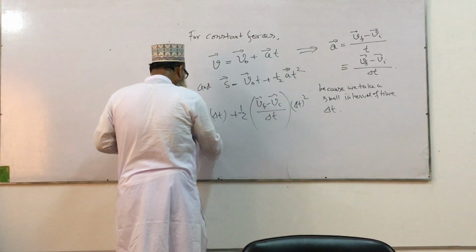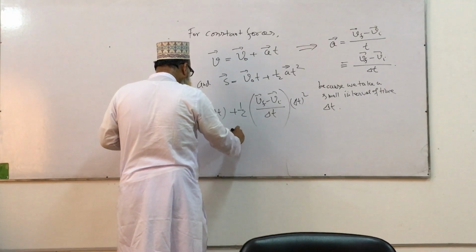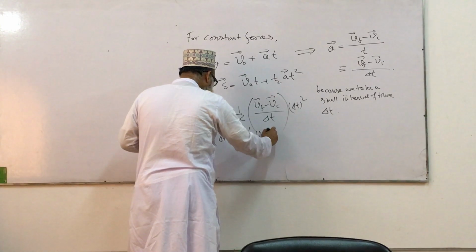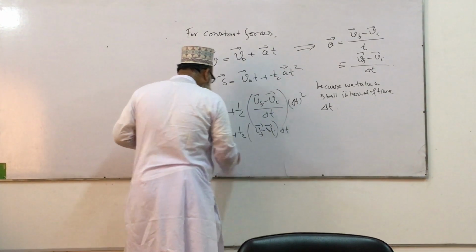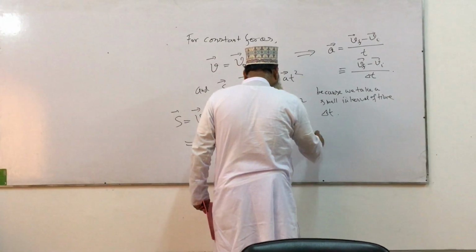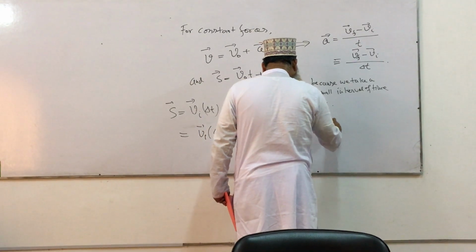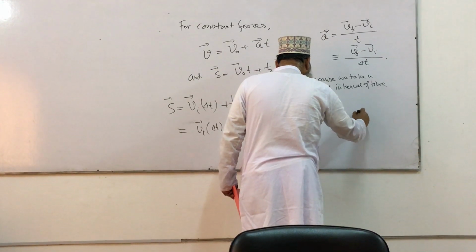So I can write Vi multiplied by delta T plus half Vf minus Vi multiplied by delta T, and in the next line Vi plus half Vf minus Vi.